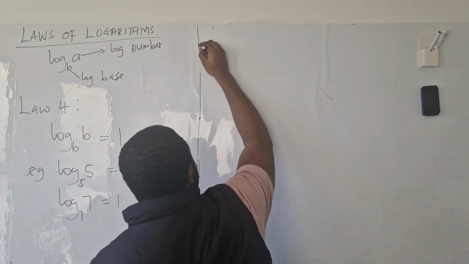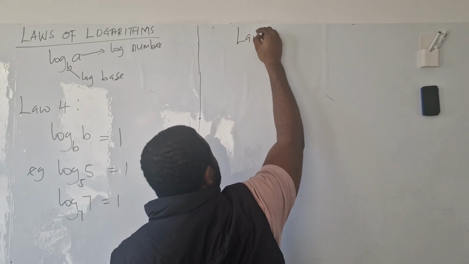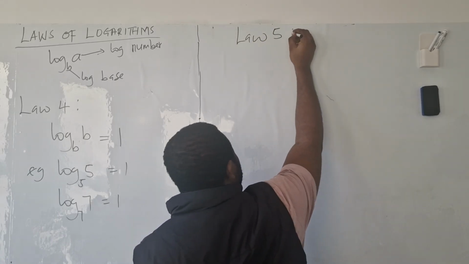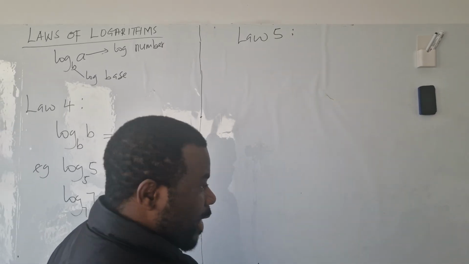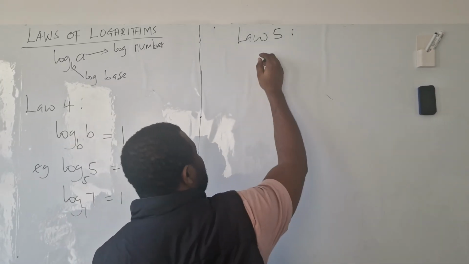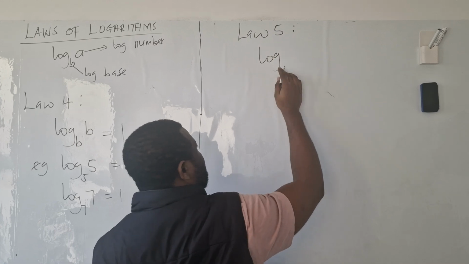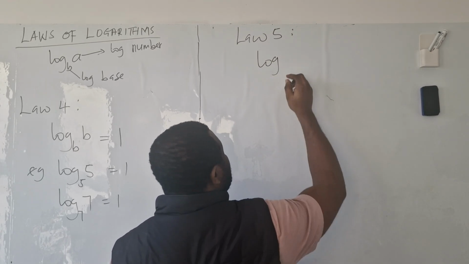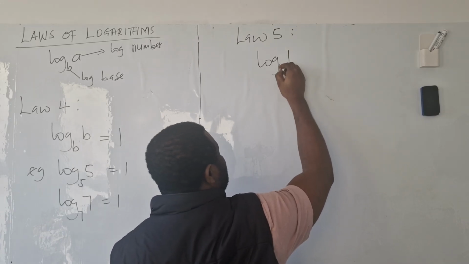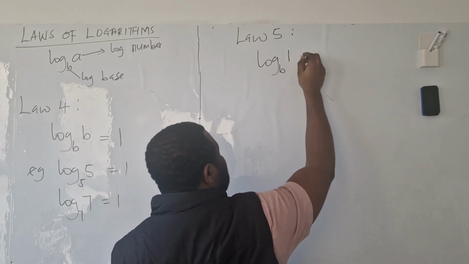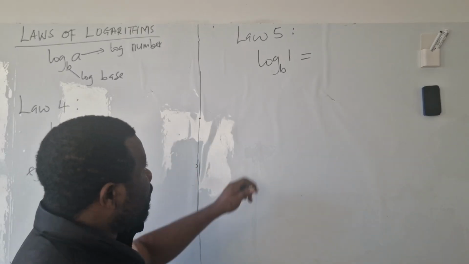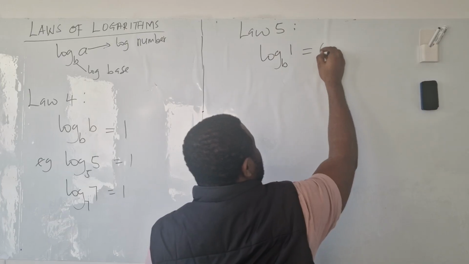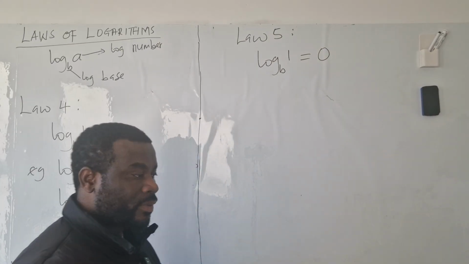Now let's look at law 5, the fifth law. The fifth law says that if I have log 1 to any base, log 1 to any base should always give an answer of 0.